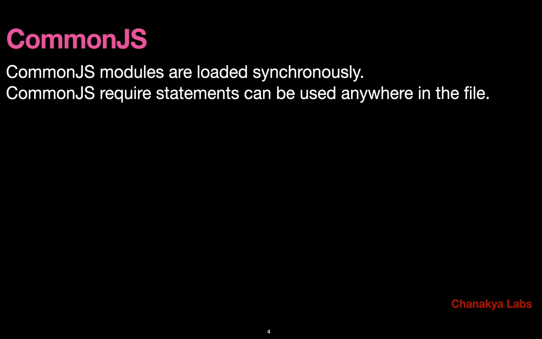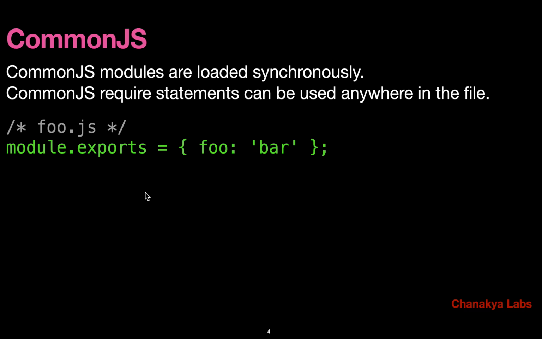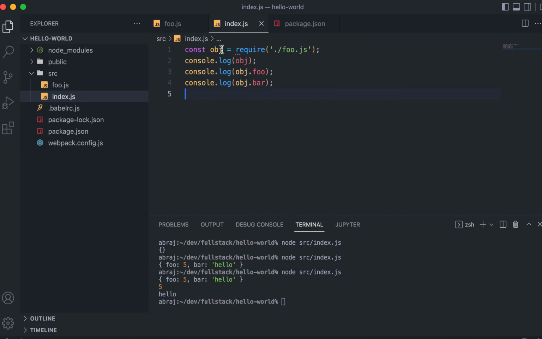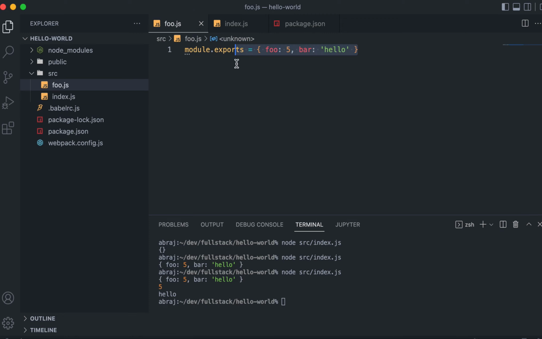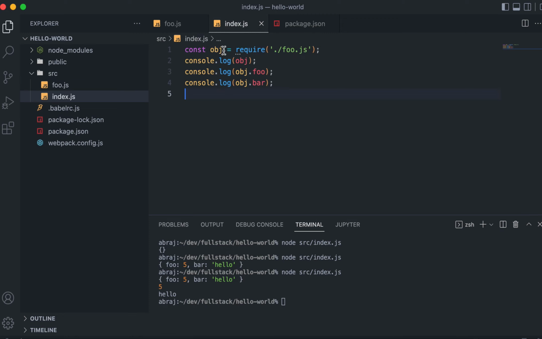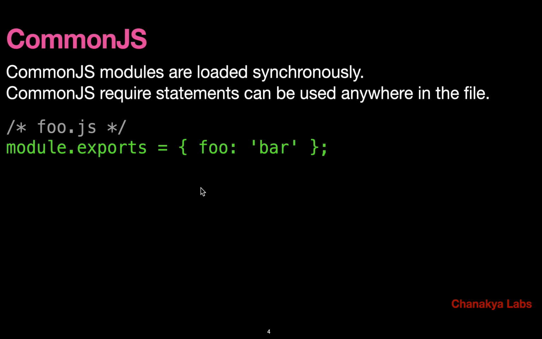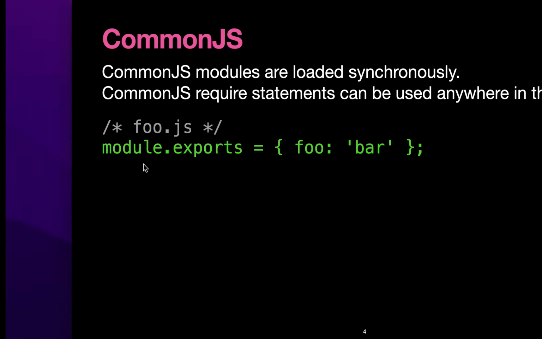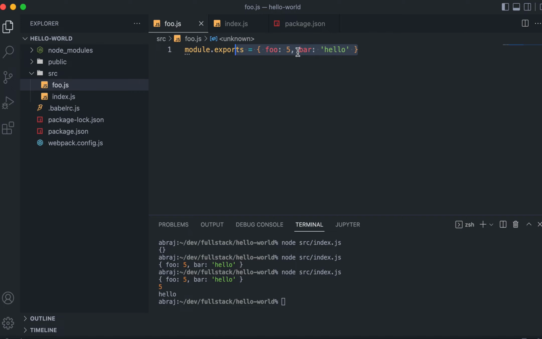If you say require, then this obj is a proper thing exported from here, not a promise or something. It is proper data, right? You are not awaiting. Until you get that data, JavaScript will wait, and that's why it is called synchronous.